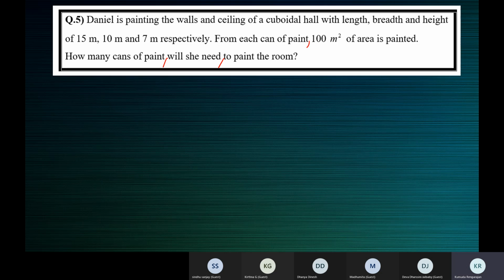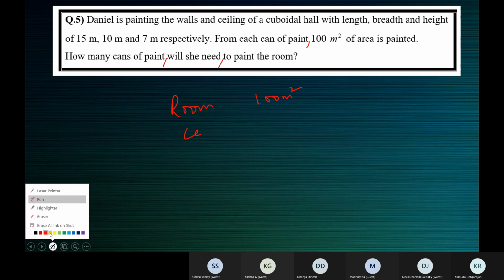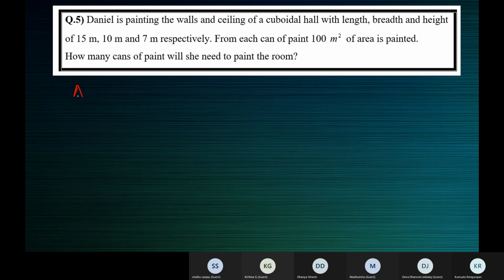Okay, now supposing I give you the question like this. You have a room. The area of 4 walls is, okay, 1000 meters square.